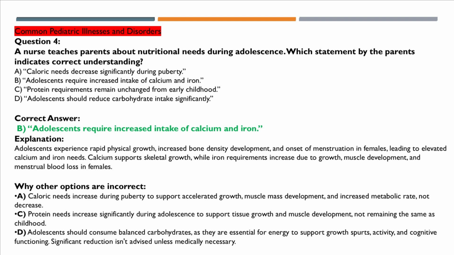C. Protein needs increase significantly during adolescence to support tissue growth and muscle development, not remaining the same as childhood. D. Adolescents should consume balanced carbohydrates, as they are essential for energy to support growth spurts, activity, and cognitive functioning. Significant reduction isn't advised unless medically necessary.